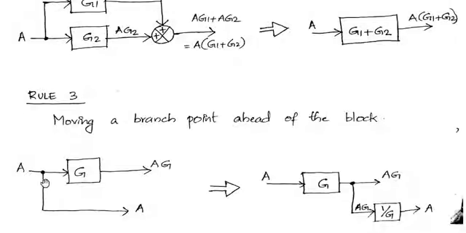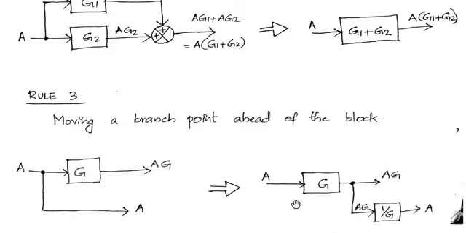The change I have made is I have shifted this branch point from here to this point. So now my branch point is over here, right? And the signal that I should get from this branch point should be A itself.